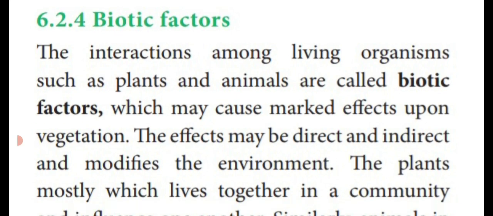The interaction that takes place between living organisms such as plants and animals is called a biotic factor. This relationship between the plants and animals also causes some marked effect upon the vegetation. Those factors are known as biotic factors.